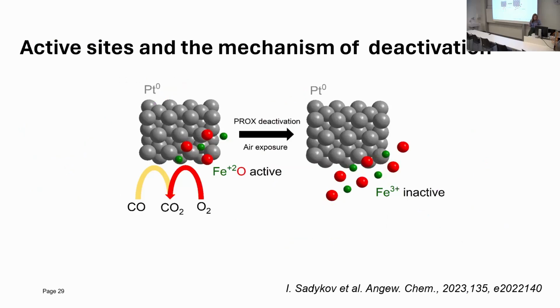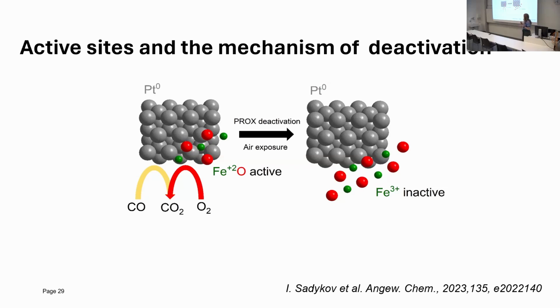Which brought us to the conclusion that it needs to be iron 2+ in close contact, of course, with platinum, because without platinum it would never work. Platinum would activate CO, and oxygen would be activated on this iron 2+, which is connecting oxygen and very fast reacting with CO. So the resting state of the iron in the catalyst is iron 2+.